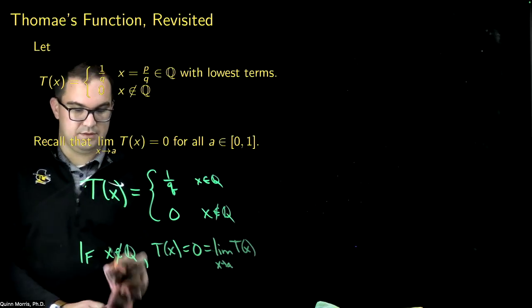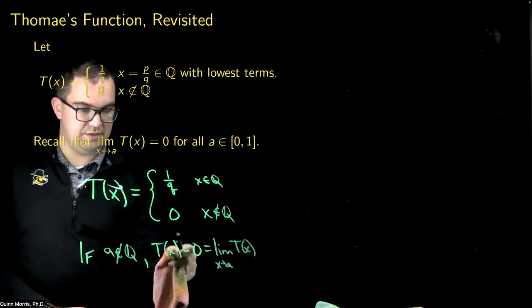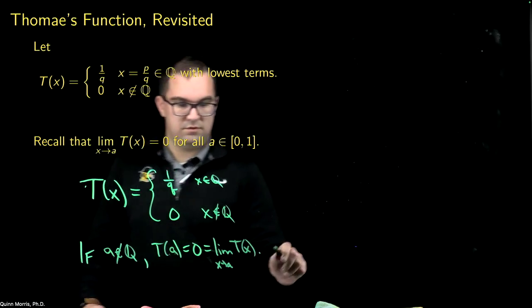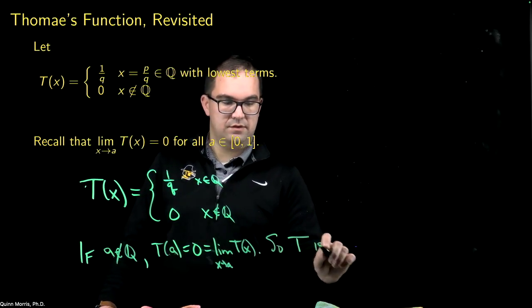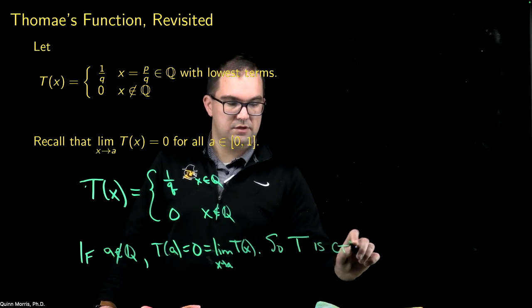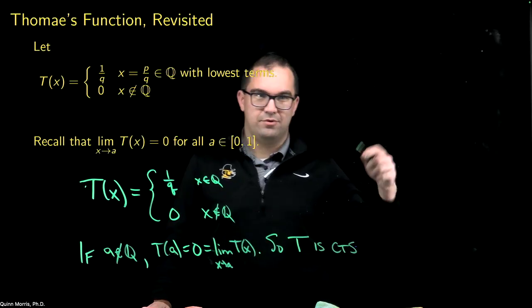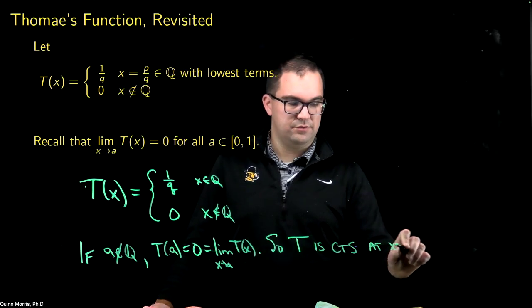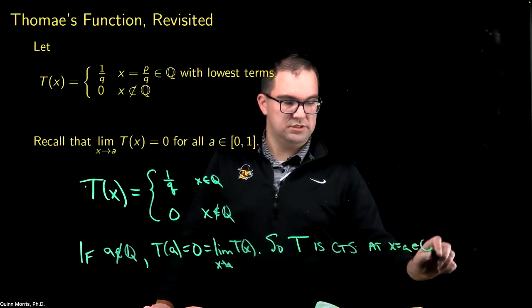Oh, sorry, I've said x. I should have said a. So then t of a is 0. So t is continuous. And I'm going to start abbreviating continuous as CTS. That's a common abbreviation I'm going to use throughout the rest of the course. So t is continuous at x equal to a, which is irrational.